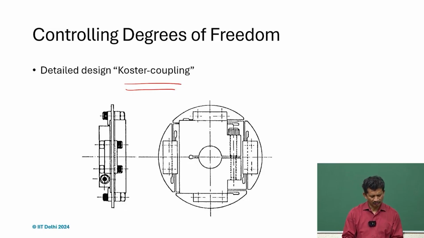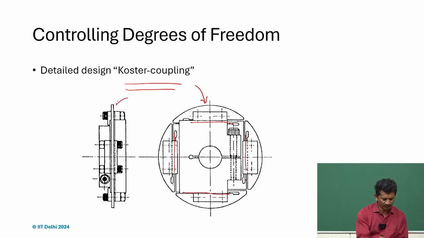So, it's the same as what we discussed. You have the disk and then you have these features that you see here. You can see it's just a very thin section here and then clamped like this, and then you get the desired effect.